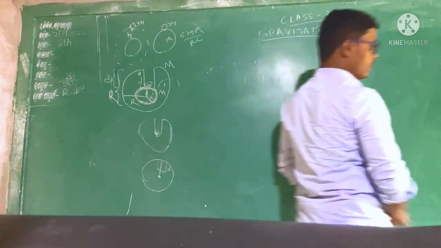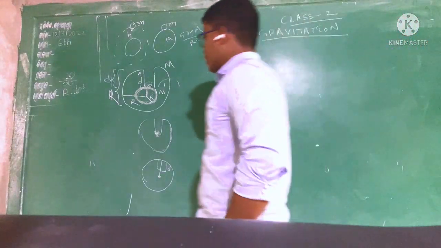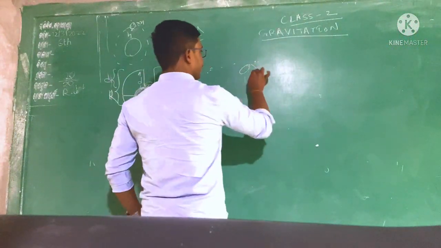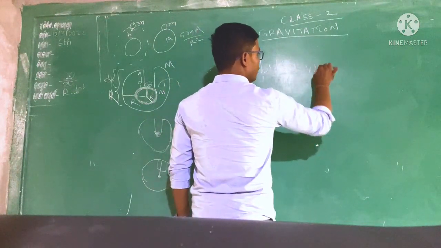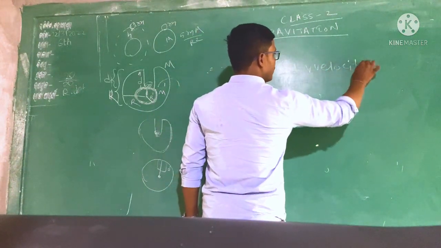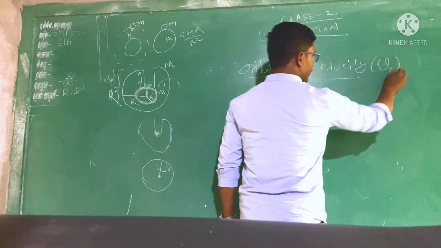Now we will discuss the orbital velocity. So what is orbital velocity? Remember, it can be represented as u.